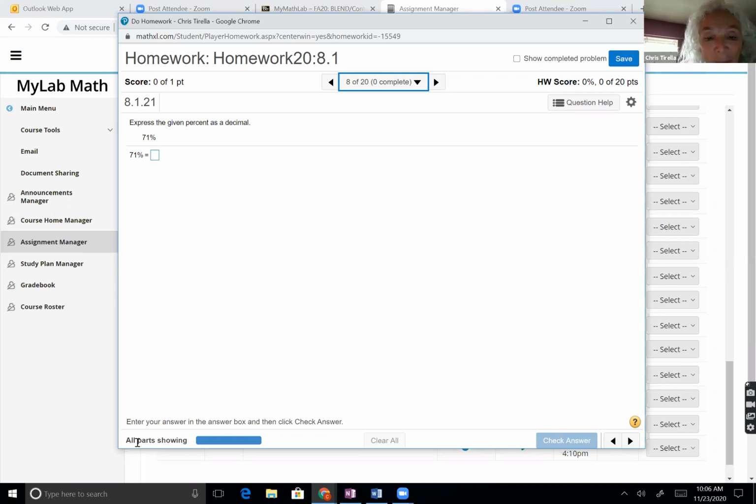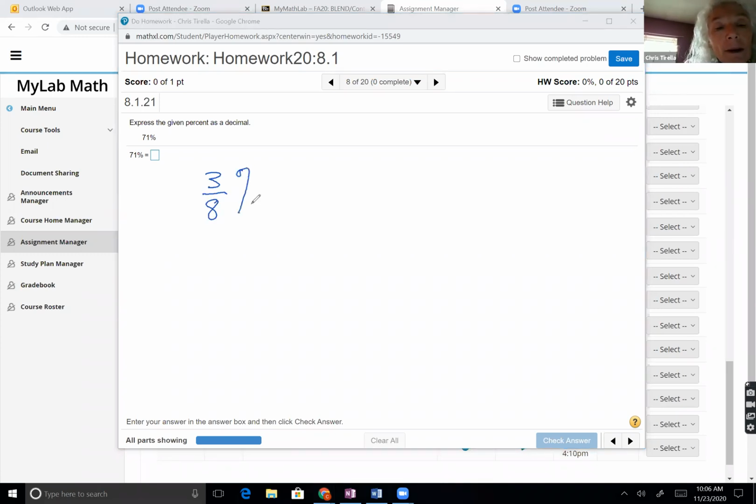Okay, when we were doing these in class, we always had a decimal. So let's take that fraction 3/8 and change it into a decimal. If I'm not mistaken, I think that's 3.75. I'm sorry, 0.375.